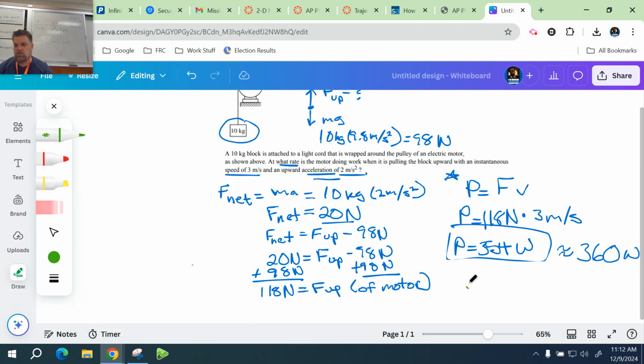Over here on the side, I'm going to remember that power is equal to watts, and watts is equal to joules per second. And joules, depending on what formula you use, remember that work is equal to force times a distance, right?